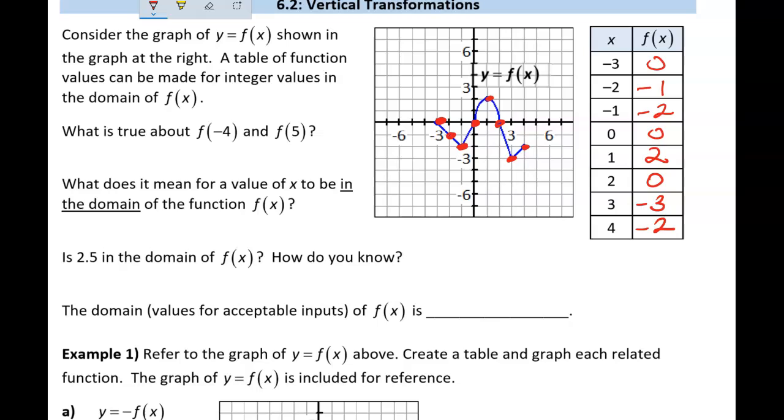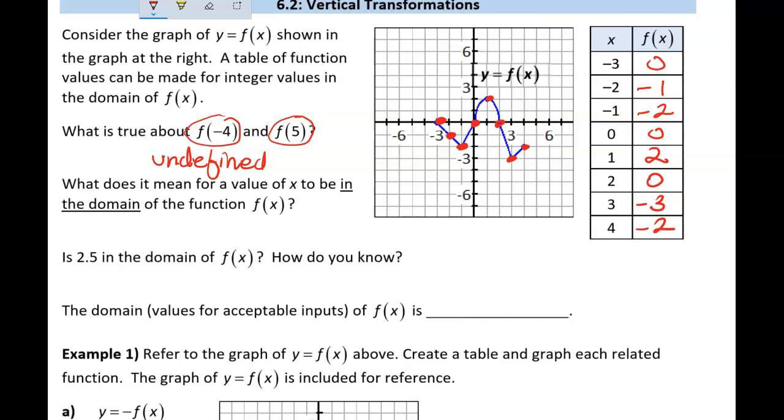So what do we know about f of -4 though? For f of -4, we can't find an x value of -4 on the graph. For f of 5, we can't find an x value of 5 that lies on the graph of the function. So these are going to be what we call undefined. And that means that those x values are not acceptable values in the domain of this function.